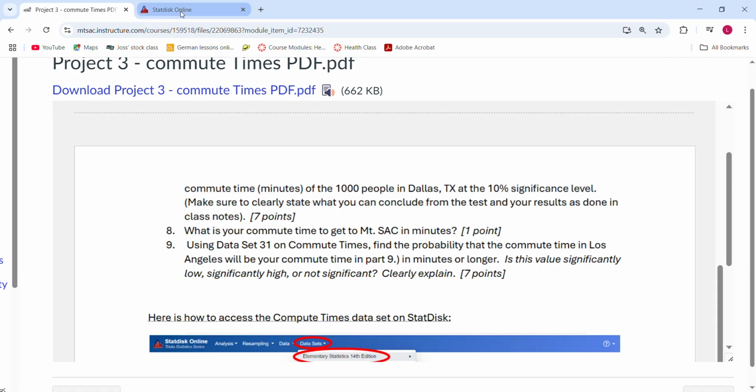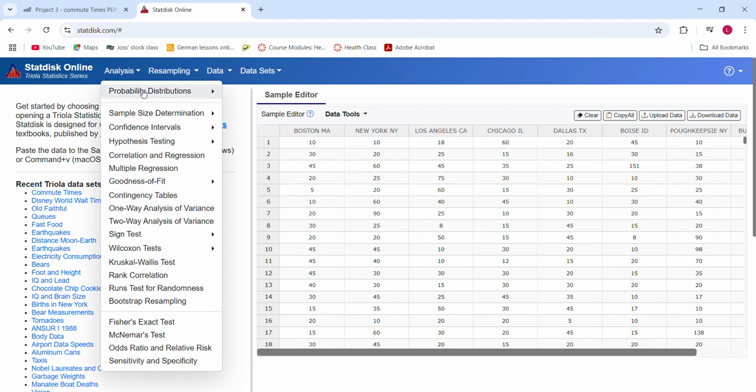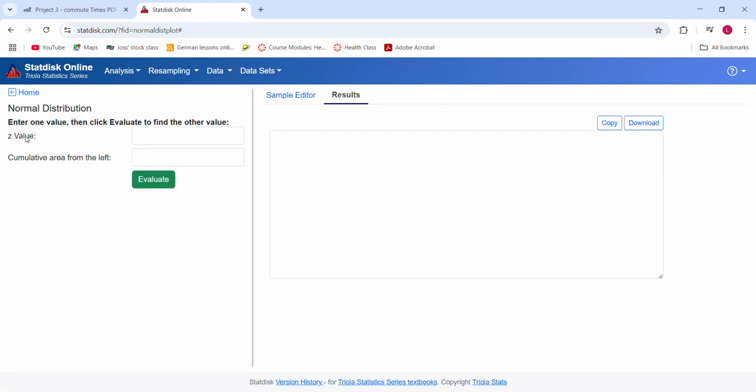So I'm going to go back over to StatDisk, and we've done this before in Project 2. But from here, we're dealing with probability distributions, normal distribution, and when you select this, you will have to calculate your z-value. And so your z-value, again, remember, is x minus the mean, all divided by the standard deviation.